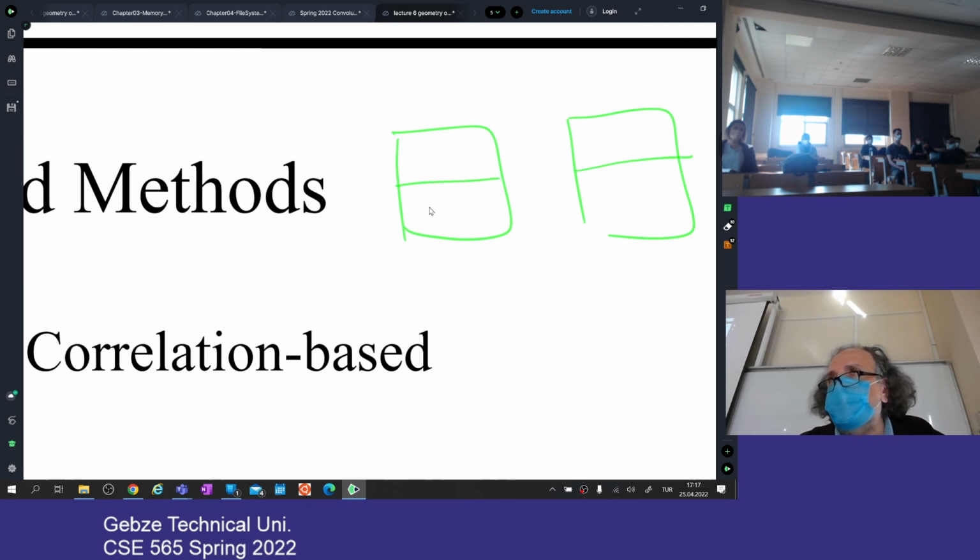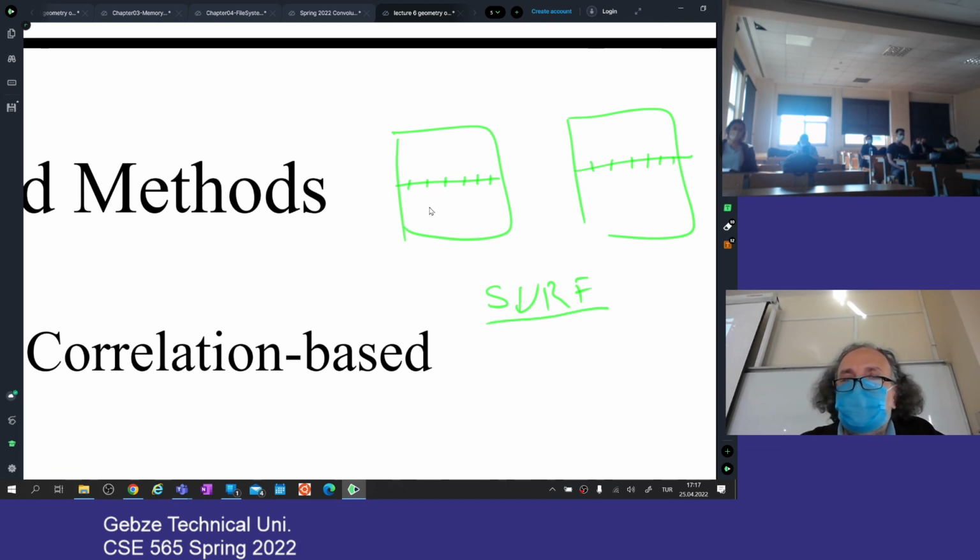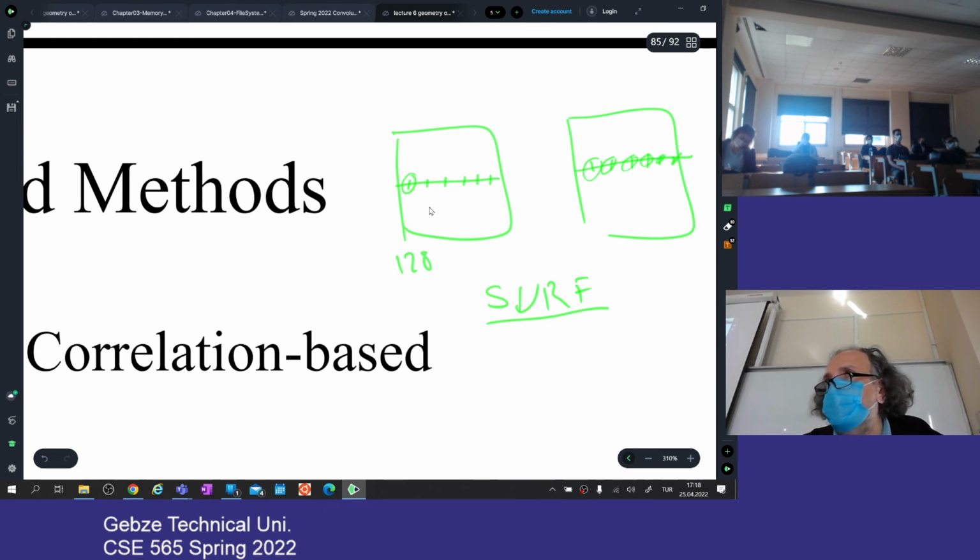I run SIFT or SURF point detectors, and I have many points on this one, and many points on this one, right? SURF will give you the point descriptor. Get the point descriptor for this one, a 128 dimensional vector. Get the point descriptors of each of these and find the most similar descriptor, and you say that for this point this is the corresponding one.